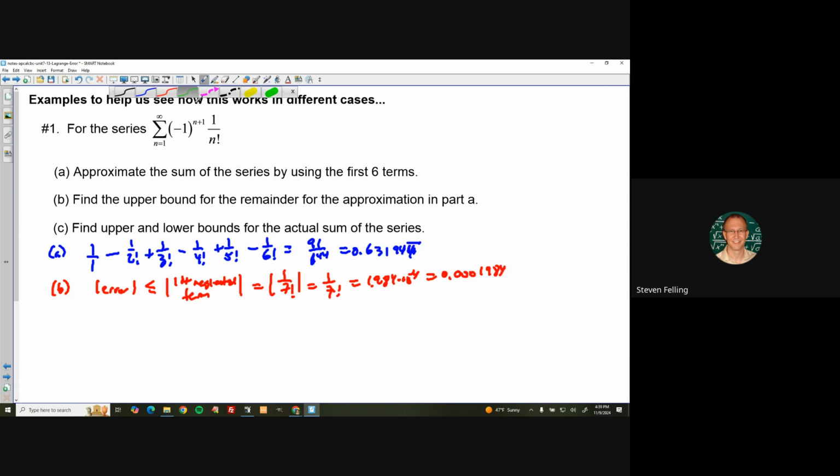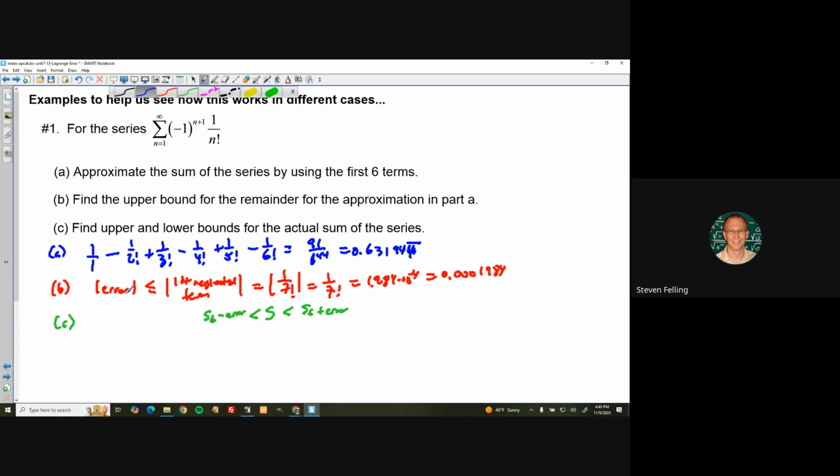Then they may say, find the upper and lower bounds for the actual sum. That means the sum is going to be somewhere between the approximation with 6 terms minus the error, and the partial sum with 6 terms plus the error. So we know the real value is this value minus this, or this value plus this.